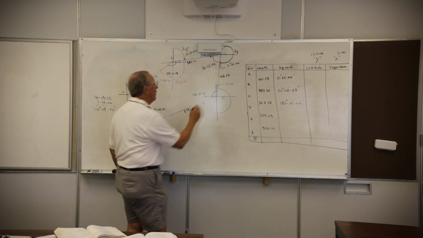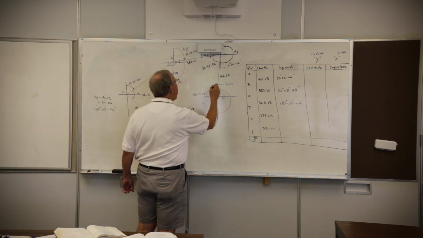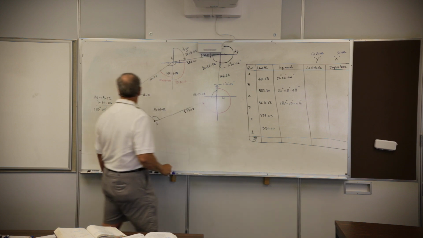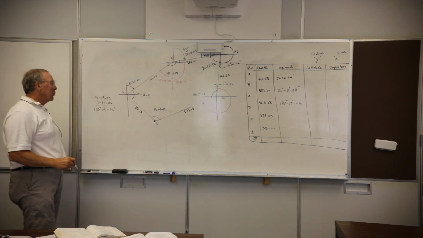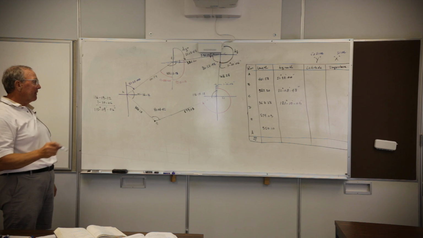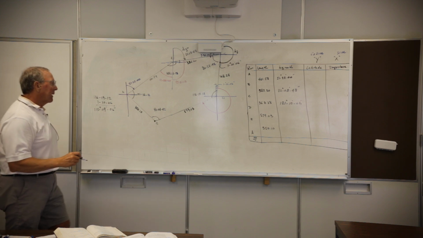So from here to here is 115, 09, 06. If I subtract that from 360, I believe I have my azimuth.